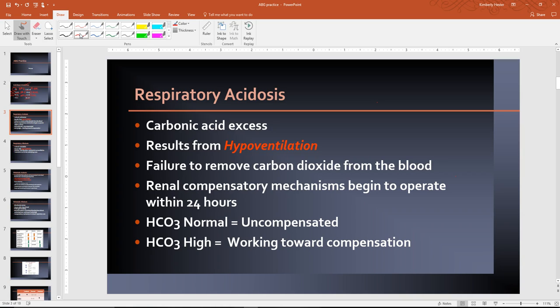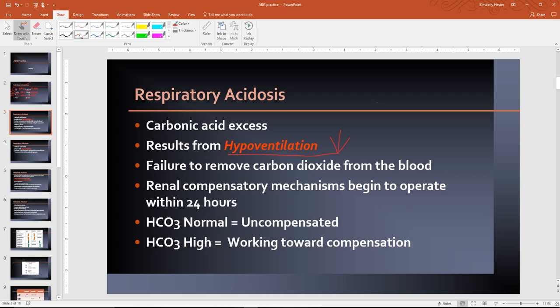You'll see this in your patient population that is struggling with opiate addiction, heroin overdose, oxy overdose, Vicodin, too much opioids. And the main issue when it comes to respiratory acidosis is hypoventilation.